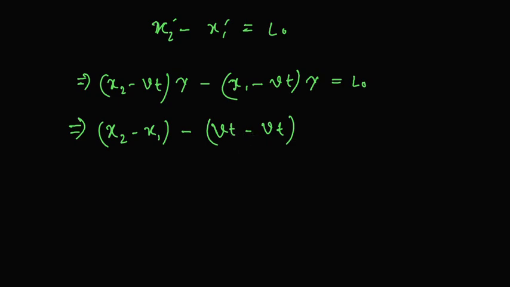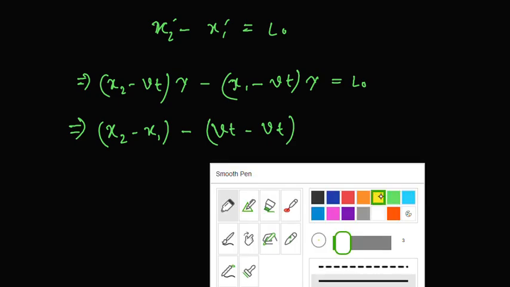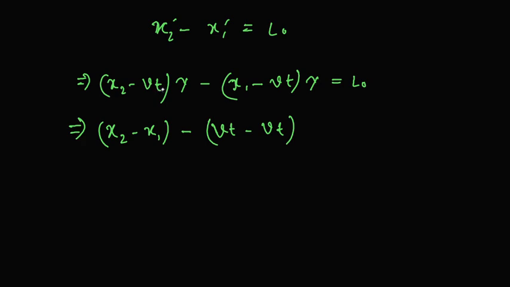Why have I taken this t as the same? Because if we take t1 and t2, it would give us t2 minus t1.